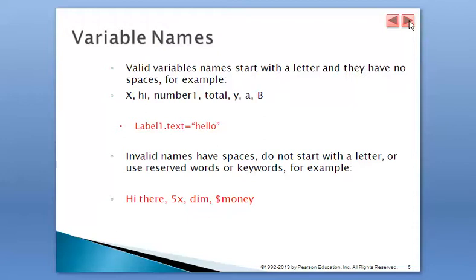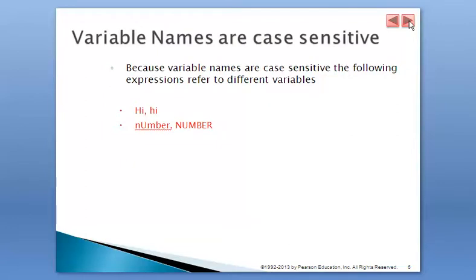There shouldn't be any spaces in the name of the variable. Variables are also case sensitive. In my first example I had Hi with an uppercase and a lowercase; when we read it, maybe it means the same, but for the computer the uppercase H and the lowercase h are two different symbols, so it says, oh, you're talking about two different things, and the same with my other example.